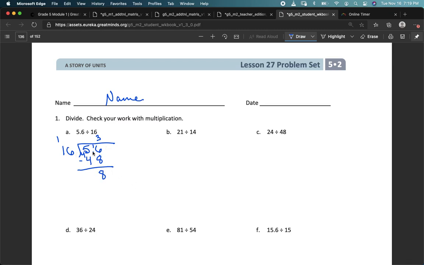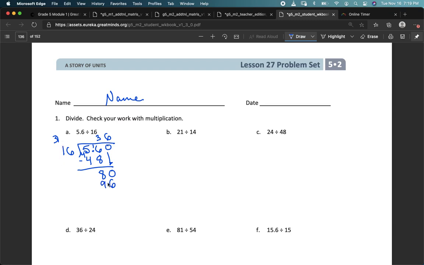Now I'm going to add a 0 here into the hundredths place, and I'm going to bring that 0 down. 16 would go into 80 about 5 times, 6 times. Let's try 6 times. Okay, 6 times 6 is 36. 6 times 1 is 6, plus 3 is 9.